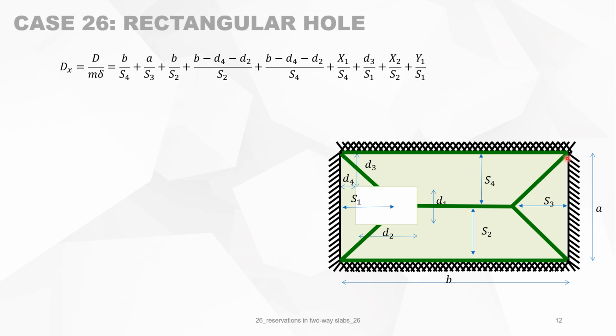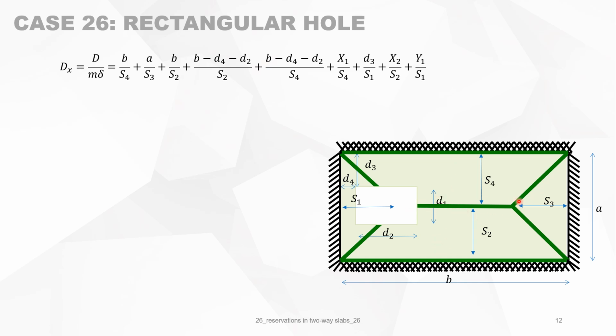Then this negative yield line here is b divided by S2. Then we have this yield line, which is A, projected on this axis, A divided by S3. And this yield line projected on this axis gives in total a length of B minus D4 minus D2 divided by S4.